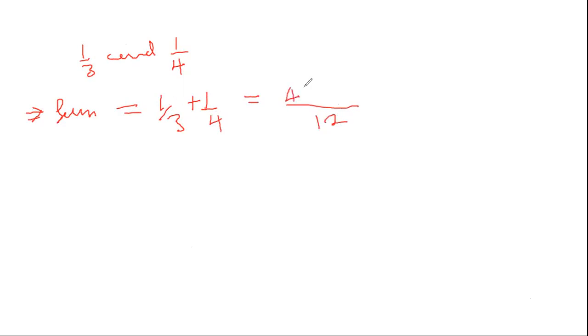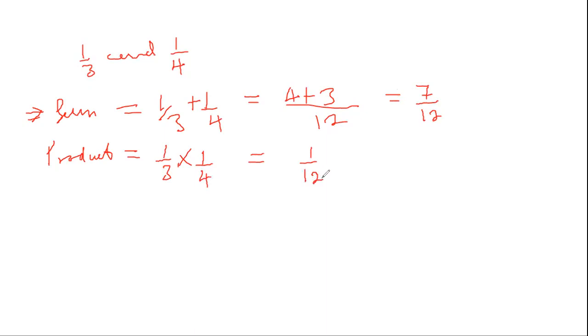This would be 4 plus 3, and this would be 7 divided by 12. Then we get the product, which is 1 over 3 times 1 over 4. This simply gives us 1 over 12.